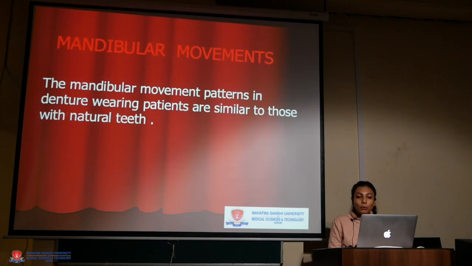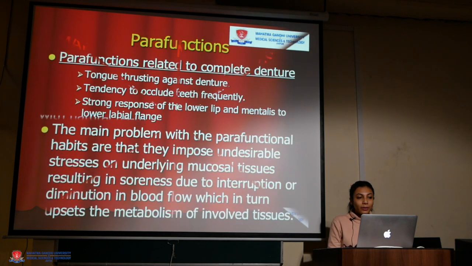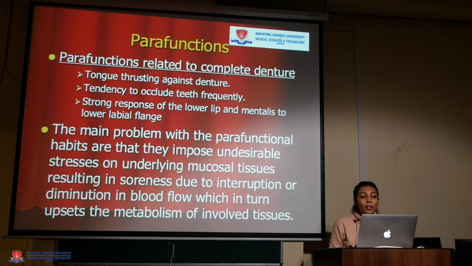Mandibular movements. The mandibular movement patterns in denture wearing patients are similar to those with natural teeth. Parafunctional habits related to complete dentures include tongue thrusting against the denture, tendency to occlude teeth frequently, and strong response of the lower lip and mentalis to the lower labial flange.